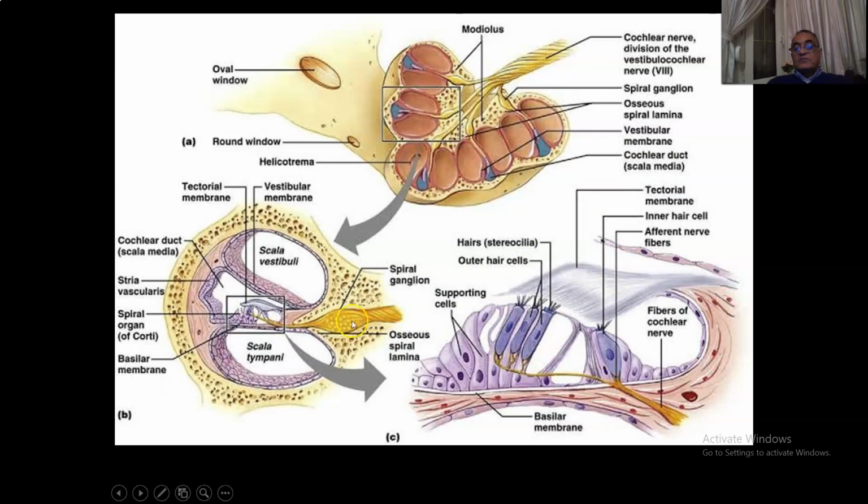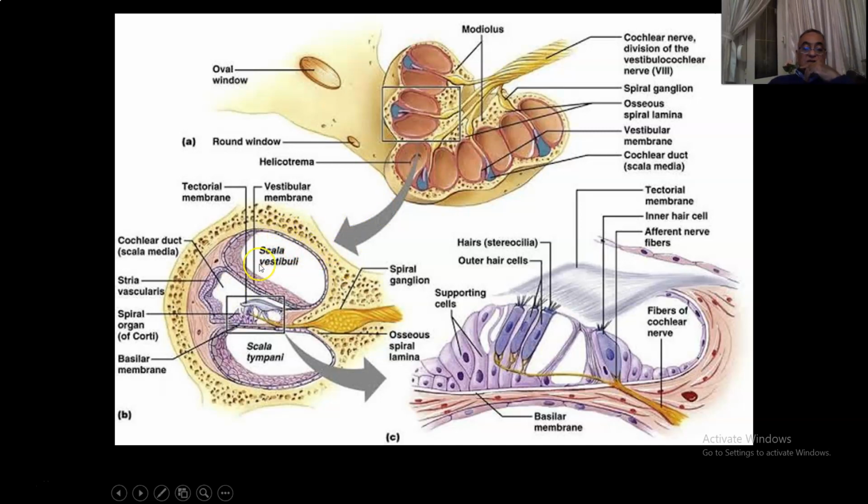So slowly, if you do a cross-section in the cochlea, we'll find too many spaces because there are too many turns in the cochlea. As we said, 2.5 turns. So let's take one of these spaces.